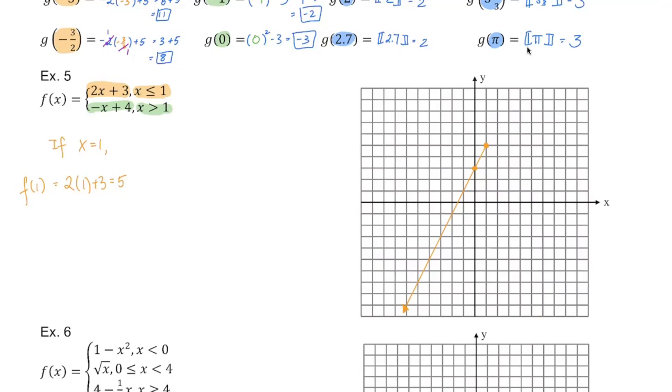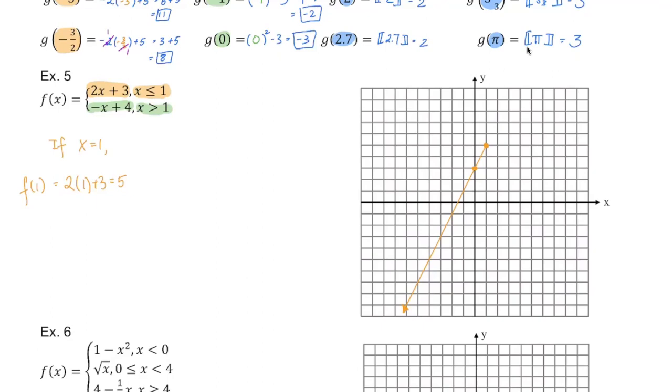So what we would do is place an open circle, not a closed circle, when x is 1 for the bottom equation, negative x plus 4. Because x is not equal to 1, the graph would start right next to 1, on the right-hand side of 1, like 1.000000001, or even more zeros.